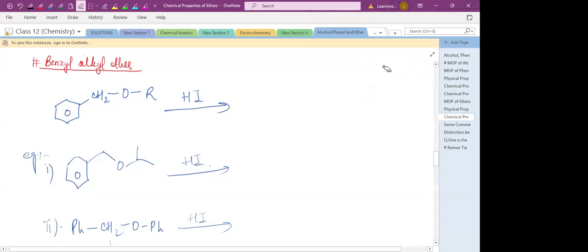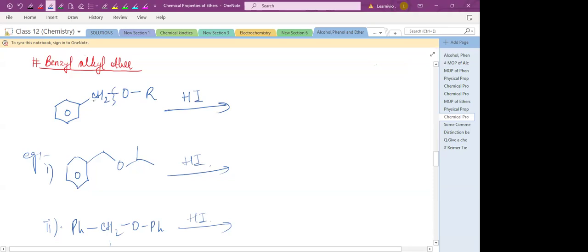So what happens over here now? यहाँ से आप bond break करोगे. This benzylic carbon के बाद जो ये है, this carbon and oxygen bond you will break in the benzyl alkyl ether. So always remember in the benzyl alkyl ether you will cleave this bond.